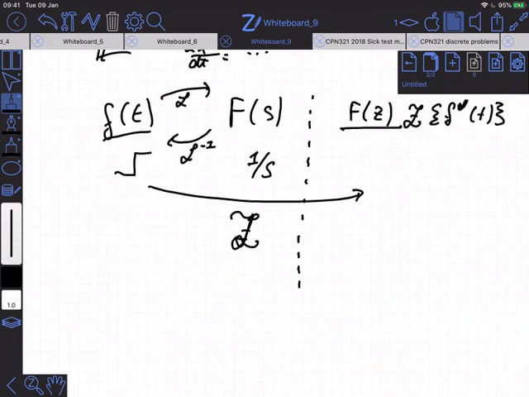So that's the first thing: if you wanted to do something, you would have to introduce a sampler in that operation as well. In other words, this is not the z transform acting on f of t. This is a thing that I do to a sampled version of f of t. And why this is important is because there is no inverse.